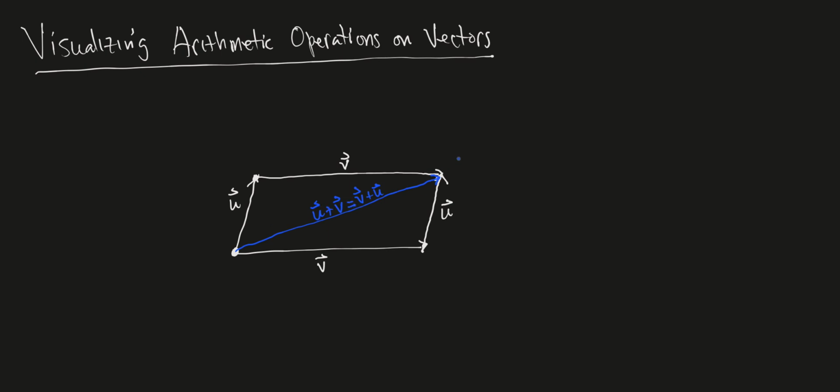What about the difference? Remember, we didn't formally define the difference, but we said if we have u minus v, the way we think about this is u plus negative v. We just showed, at least geometrically, like a proof without words, that vector addition is commutative. So I could take u plus negative v, or I could take negative v plus u.